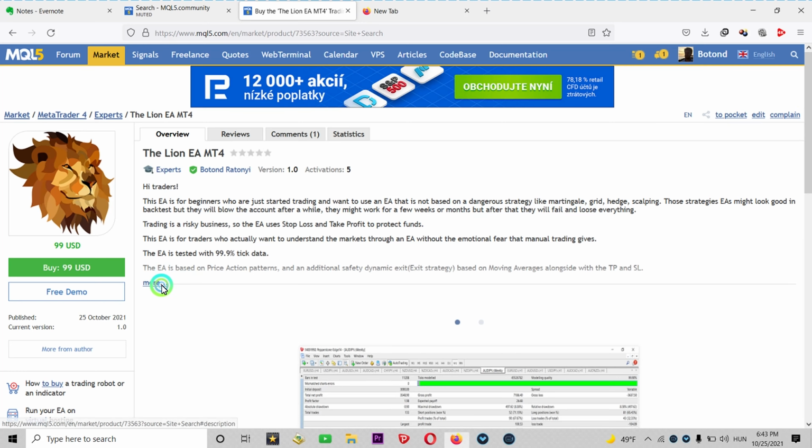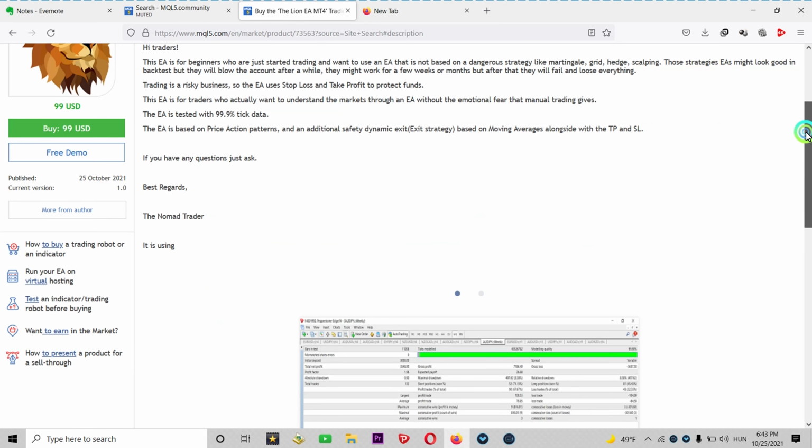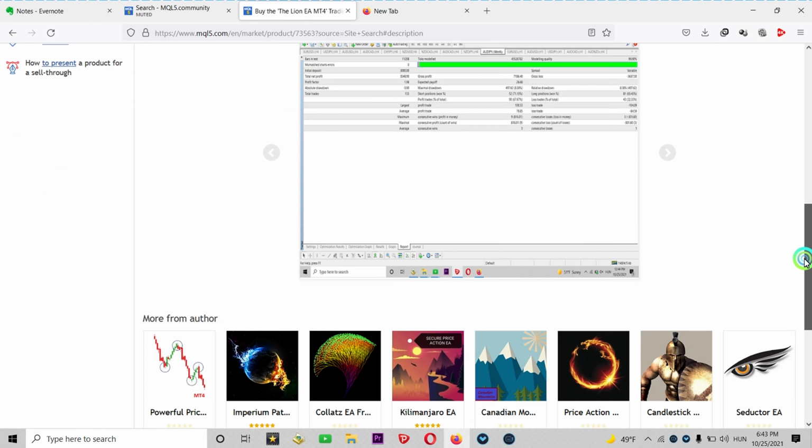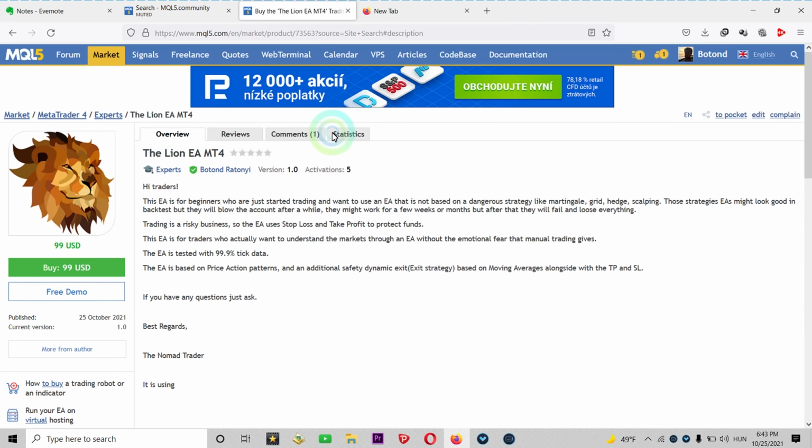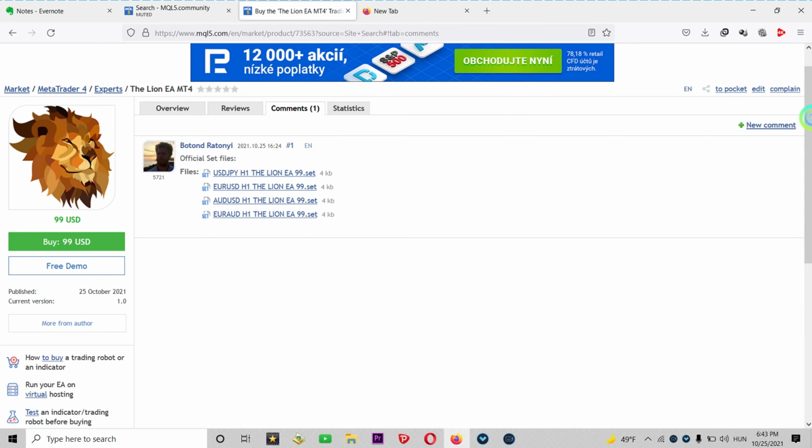I have a nice description and some statistics, but the more important thing is that you should only use the official set files that I put in the comments section, and you can actually test the EA with these set files if you want to, because if you click on free demo, you can test it in MT4.